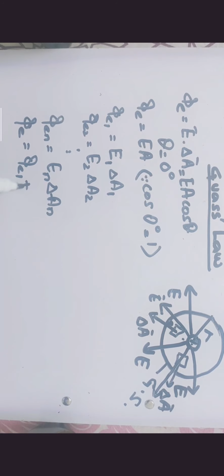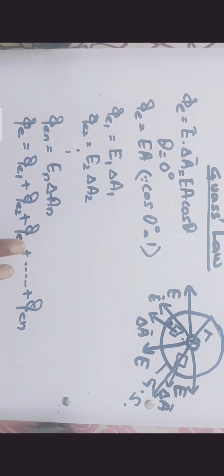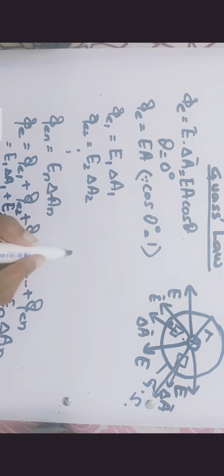So computing the final value, that is the whole value, taking the sum of all those values, we get phi E equals E1 delta A1 plus E2 delta A2 plus E3 delta A3 up to En delta An.